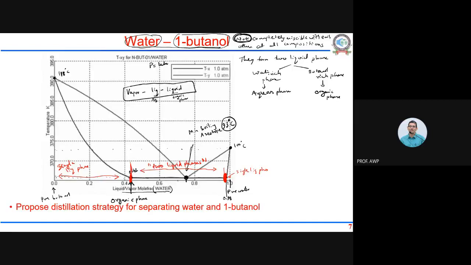But do you agree that if water and butanol were completely miscible at any composition and they were forming a minimum boiling azeotrope, it would have looked like this. Do you agree with that?